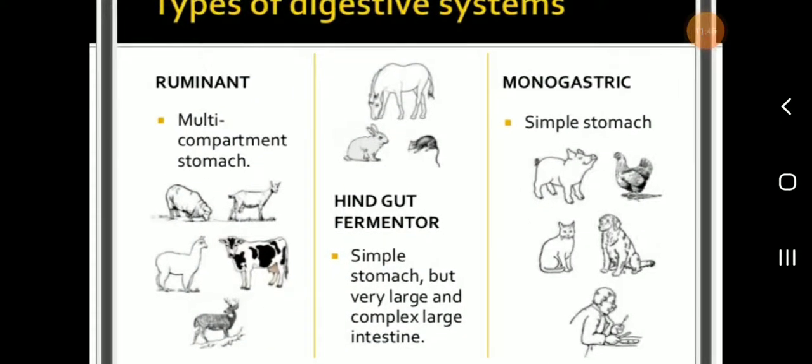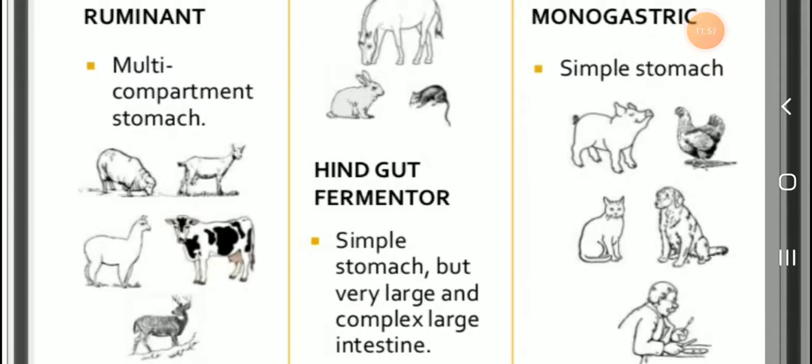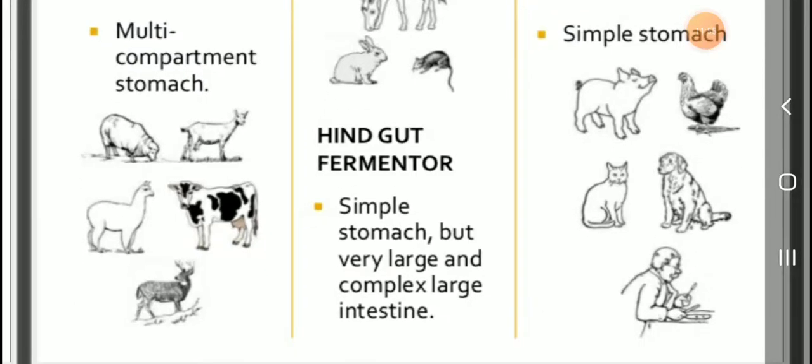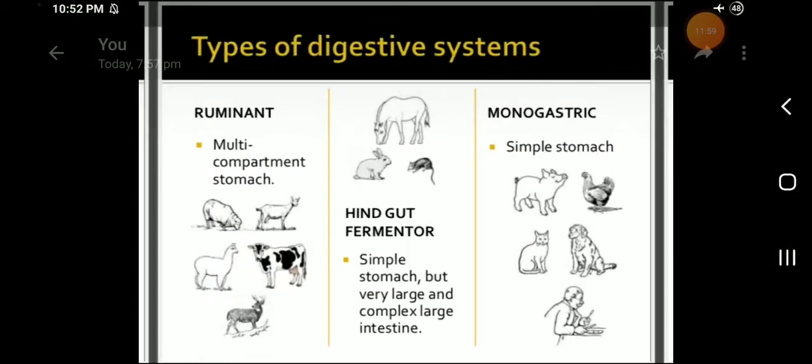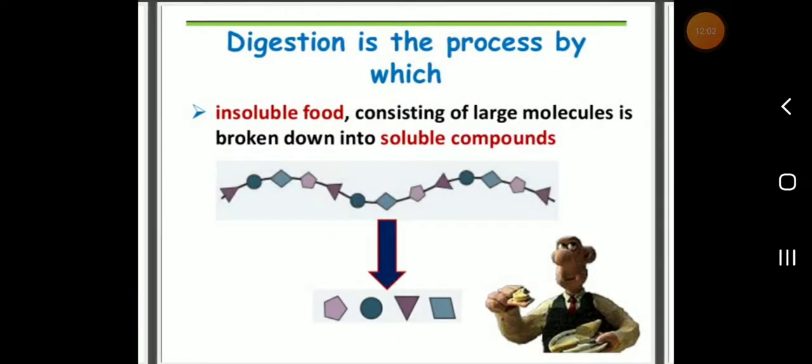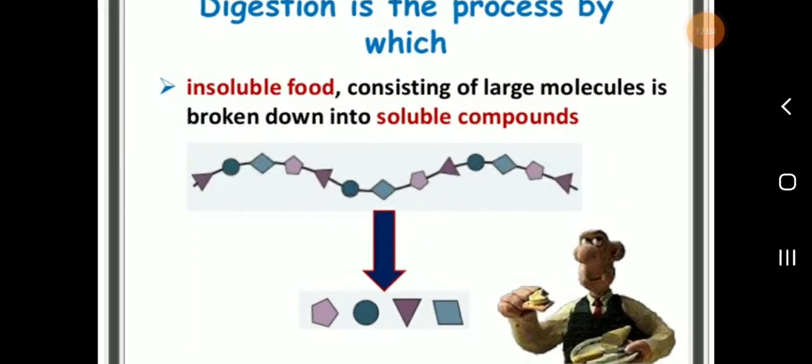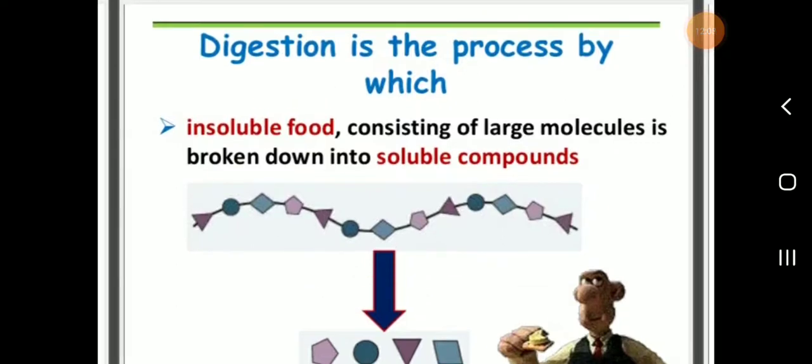Types of digestive systems in animals: ruminant, with a multi-compartment stomach; hindgut fermentor, with a simple stomach but a very large and complex large intestine; and monogastric, with a simple stomach. Listen, digestion is the process, just recall, students, we already learned the definition.